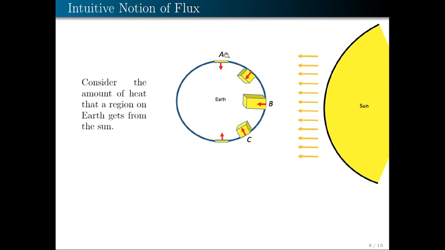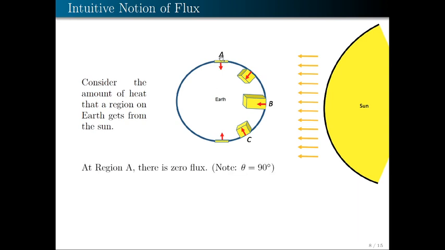And notice that at region A, the unit normal vector would be pointing downward. In this scenario, we shall take the positive orientation to be the one wherein the unit normal vectors are pointing towards the Earth's core.